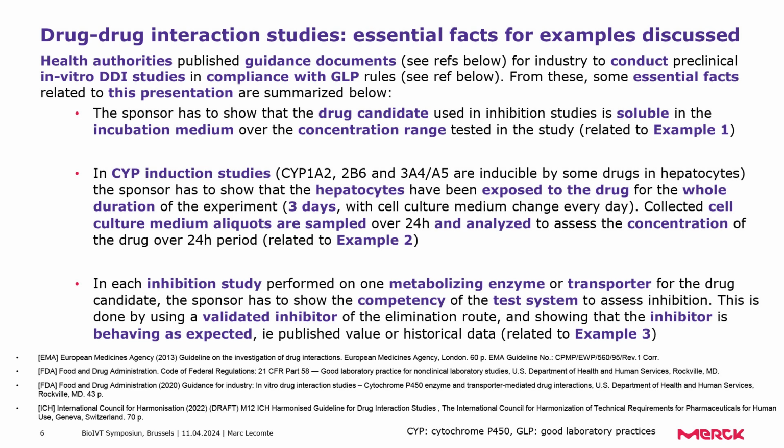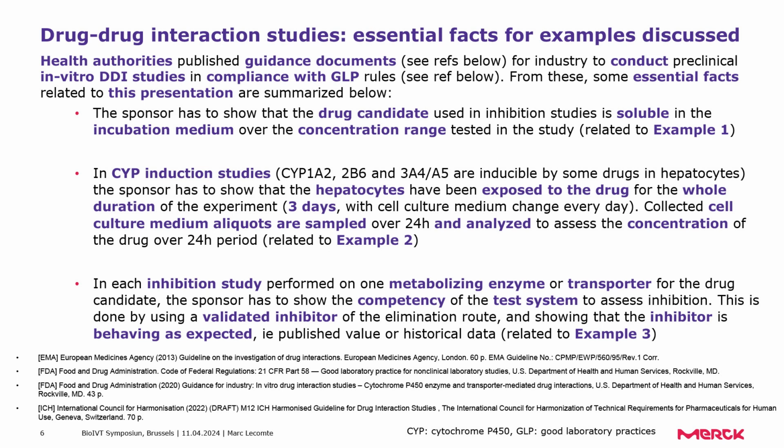In CYP induction studies, 1A1, 2B6, and 3A4, 3A5 are inducible enzymes. The sponsor has to show that hepatocytes have been exposed to the drug for the whole duration of the experiment. The experiment is usually 3 days, with medium change every 24 hours.